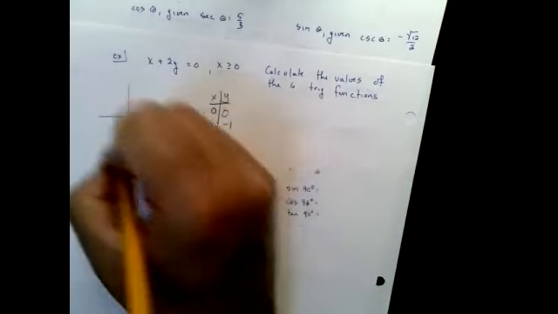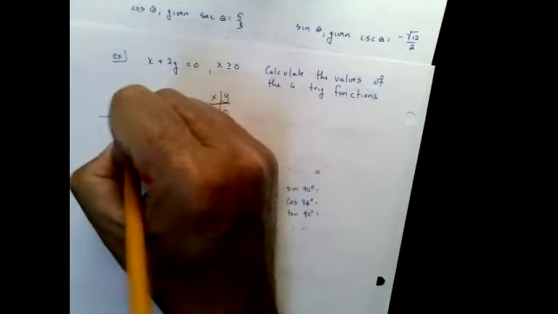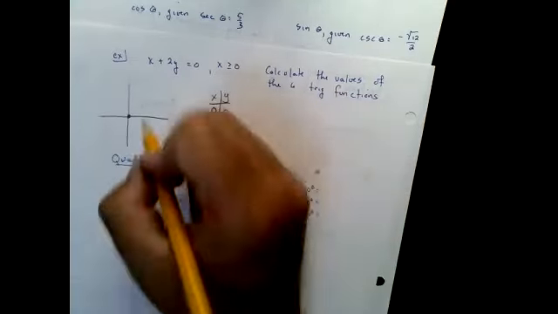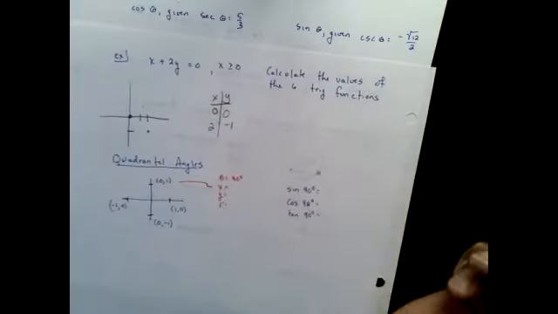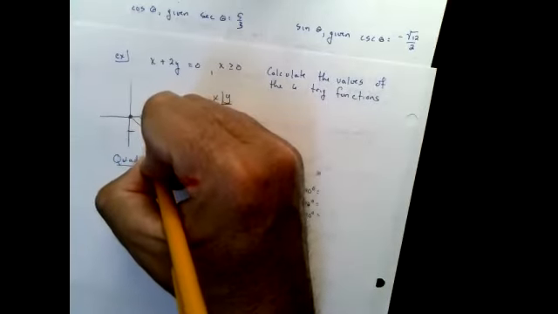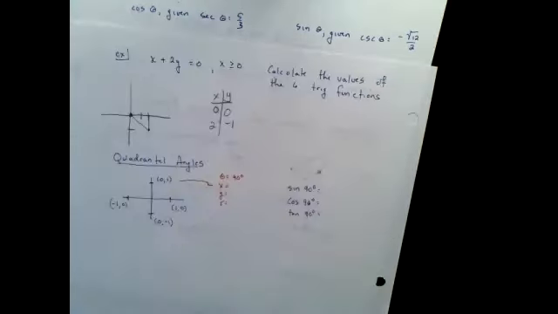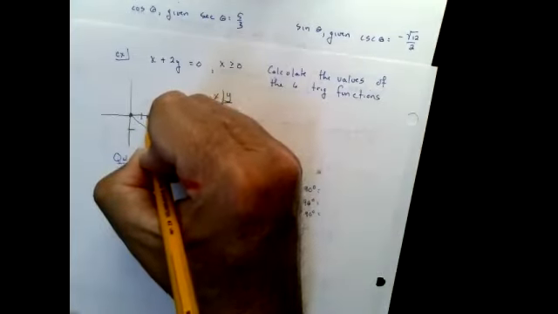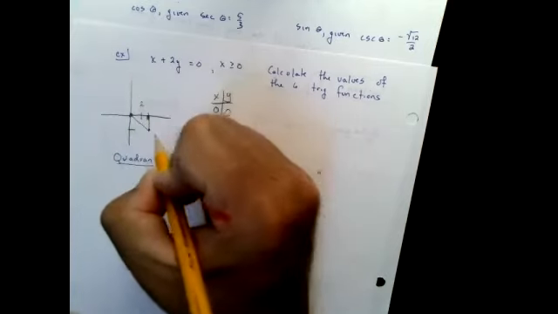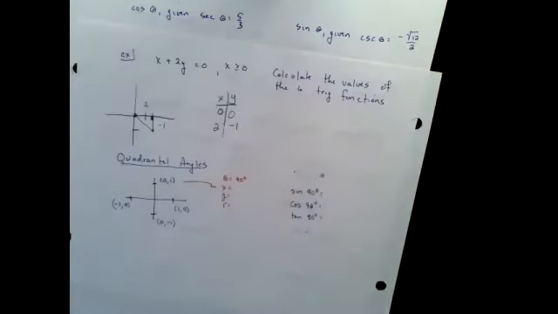So now I know a point on this line, 0, 0, and another point, 2, -1, and I draw my triangle. Whoop, there it is. Here's my 2. Here's my -1.